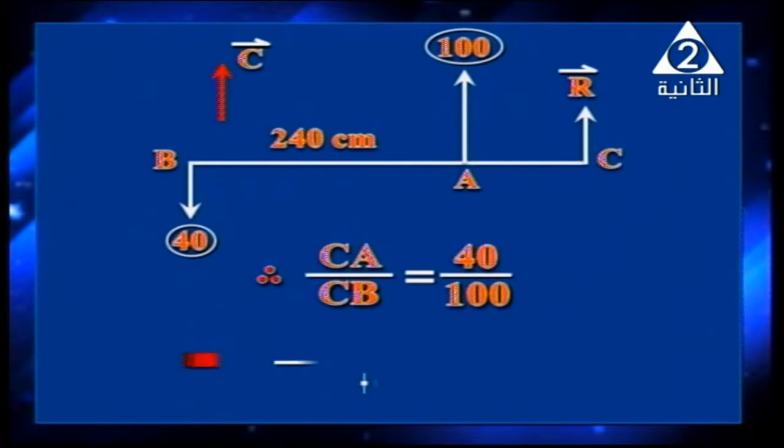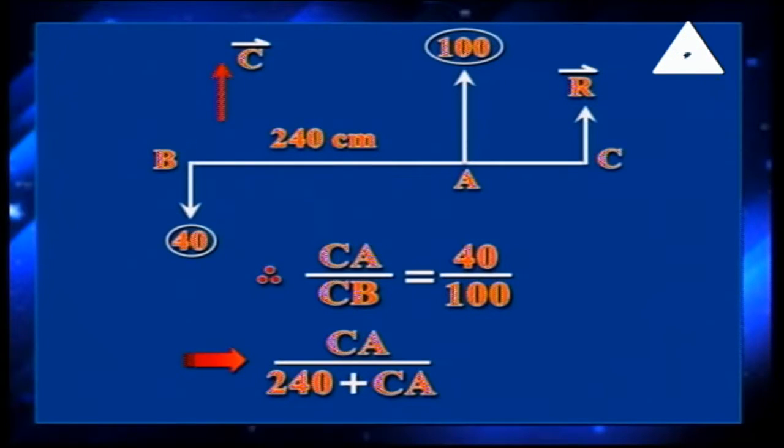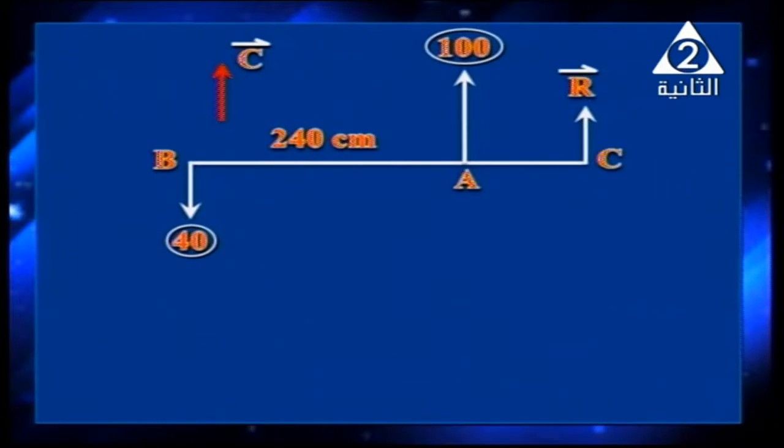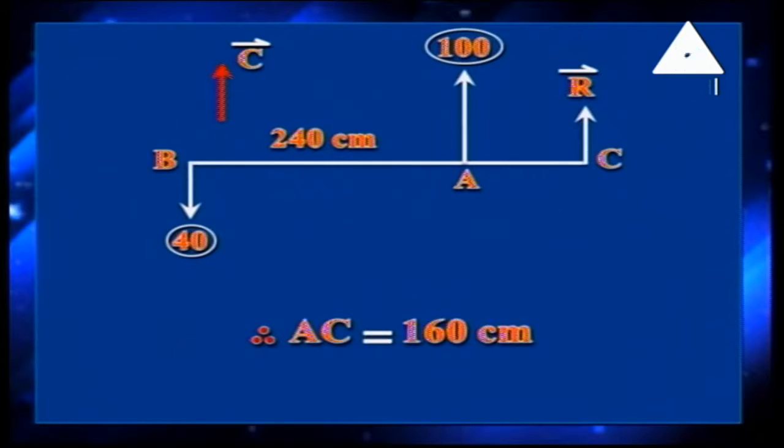Look: CA over 240 plus CA equals what? 40 over 100 equals 2 over 5, dividing by 20 in the two terms, and use cross multiplication. My dear student, AC equals 160 centimeters.